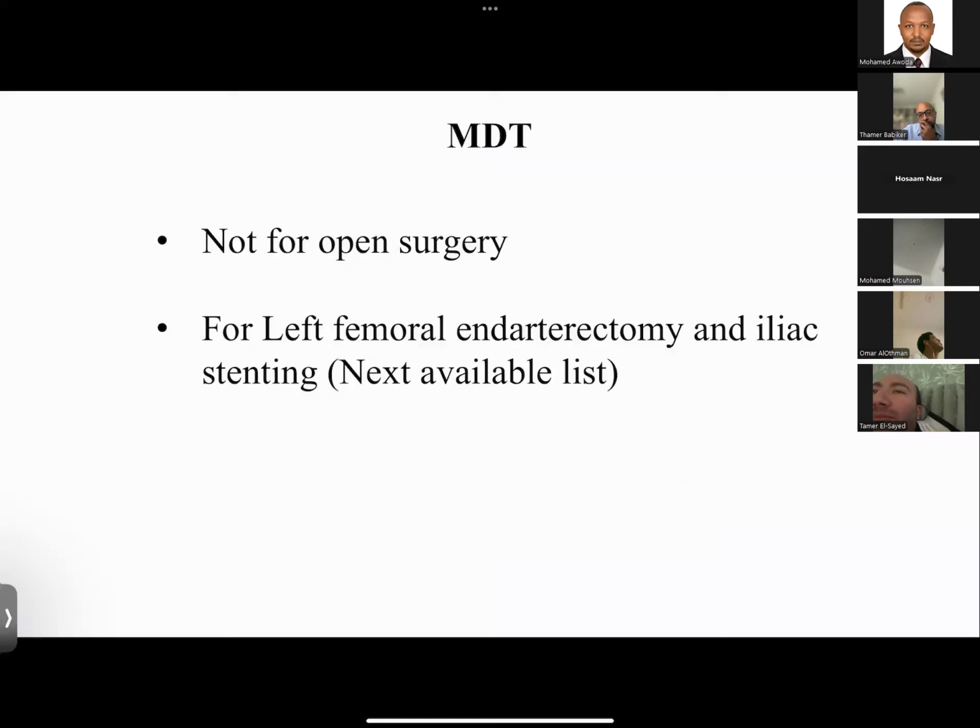So if they have aortoiliac occlusive disease and they're only symptomatic on one side, I just focus on that side and do the bare minimum to get that patient out of trouble. Because you know that the longer you keep the operation, the longer you keep the patient in the GA, the worse the outcome is. And those patients, actually what they need is a quick in and out operation.